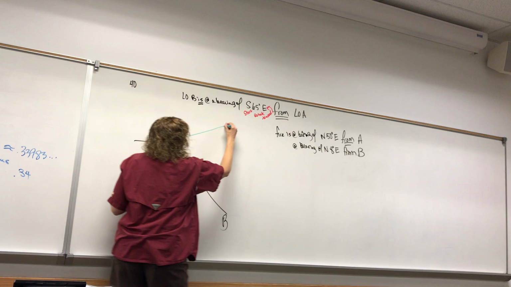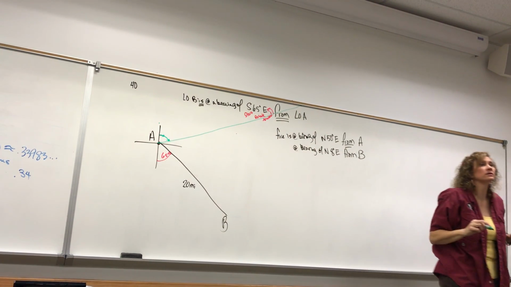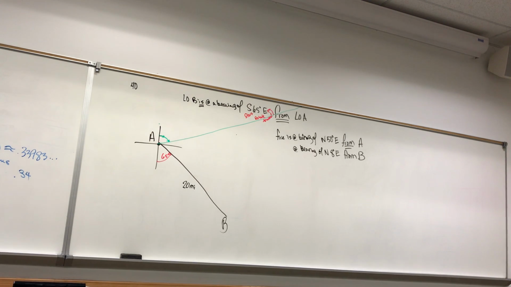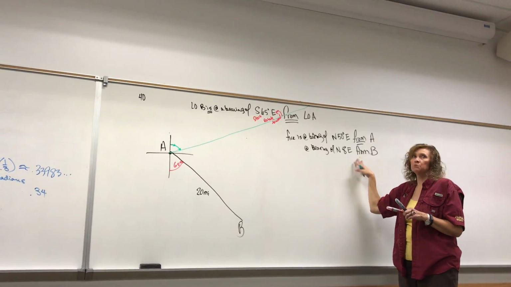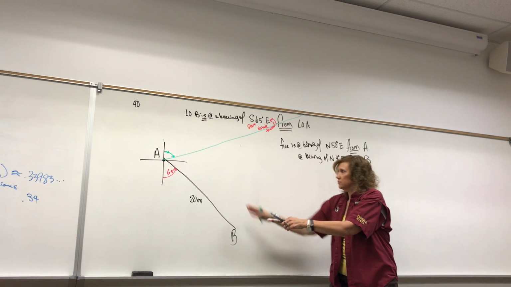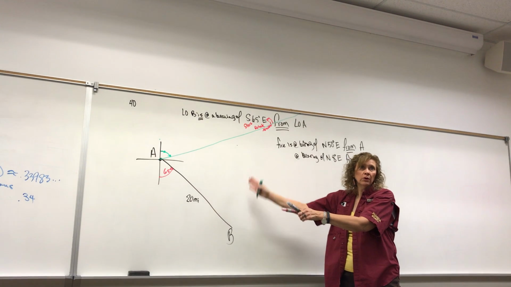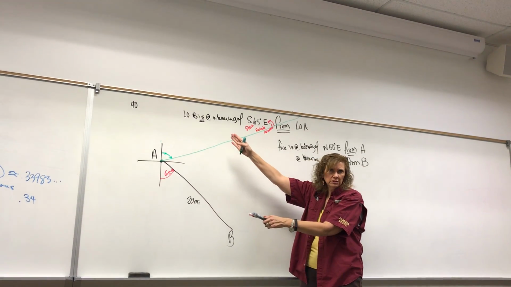So somewhere along this line is my fire. I don't really know where it is, and I can't draw it yet, because I'm going to start from B, and I'm going to do the bearing here, and along that path, that's where the fire is going to be, because we're going to have to intersect them. Does that make sense?